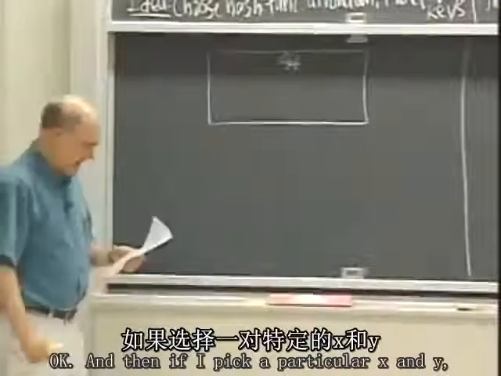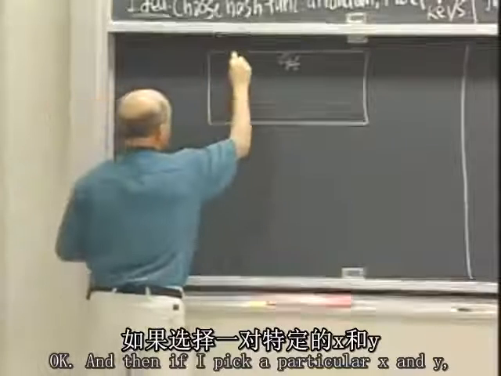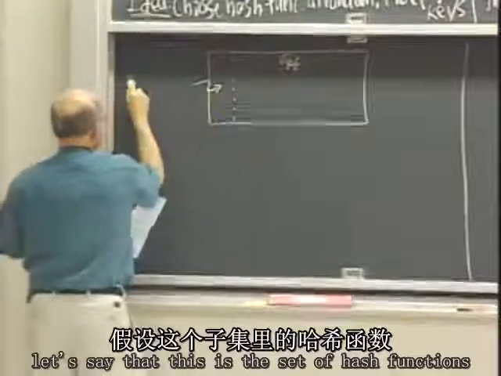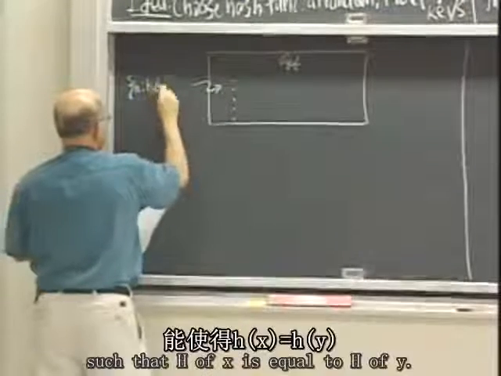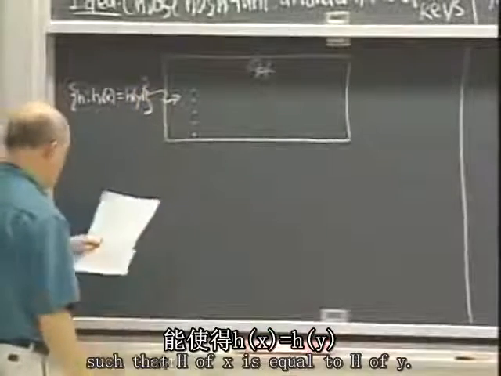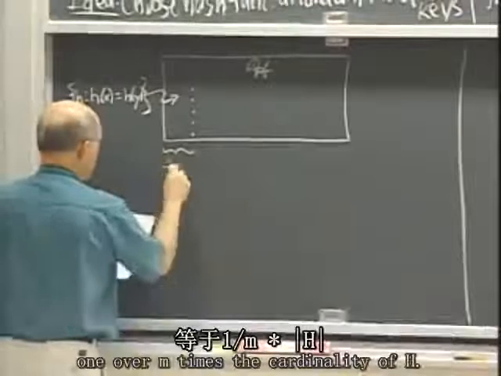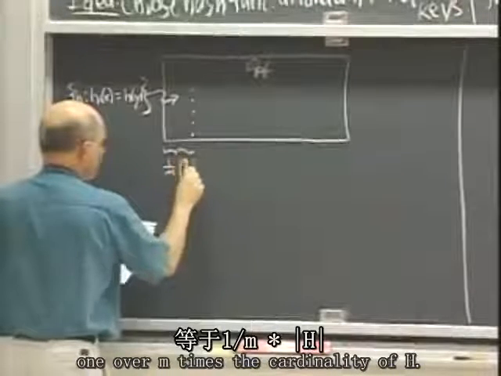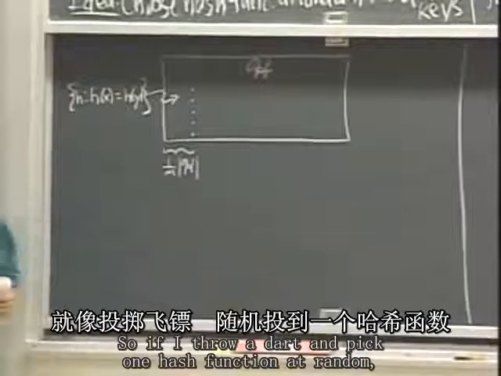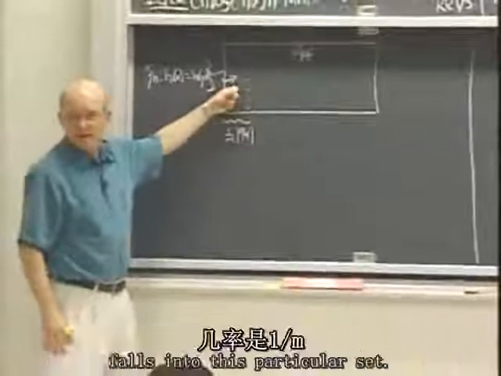If I pick a particular X and Y, let's say this is the set of hash functions such that H of X is equal to H of Y. The cardinality of that set is 1 over M times the cardinality of H. So if I throw a dart and pick one hash function at random, the odds are 1 in M that it falls into this particular set.